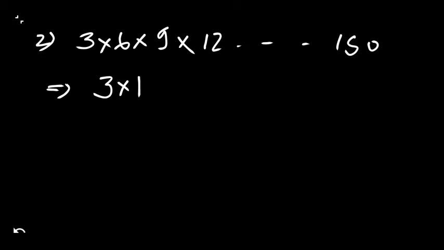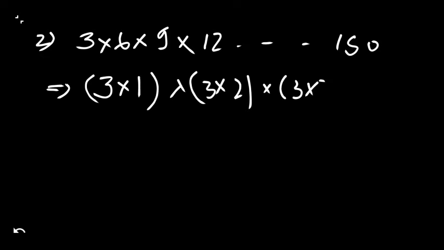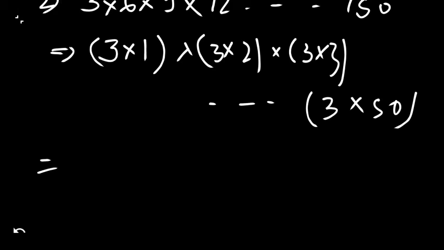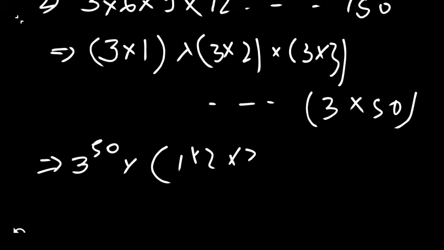So this will be 3 into 1 multiplied by 3 into 2 multiplied by 3 into 3 up to 3 multiplied by 50. Now if we take out 3 from all of these, it will be 3 to the power 50 multiplied by 1 into 2 into 3 into 4 up to 50.